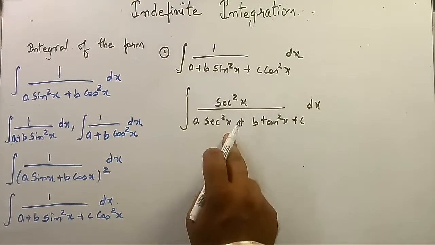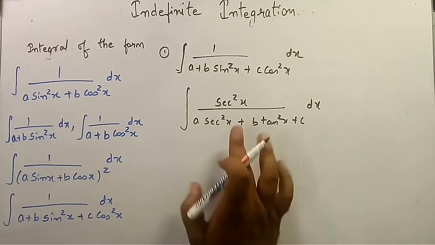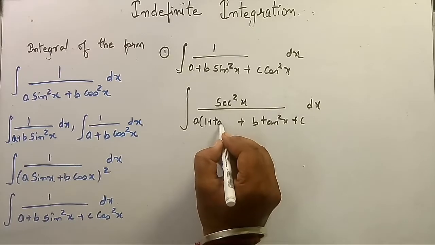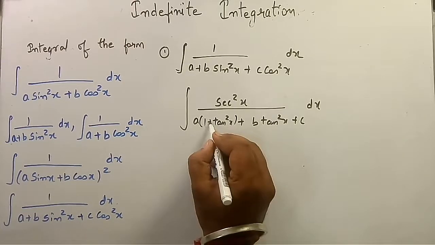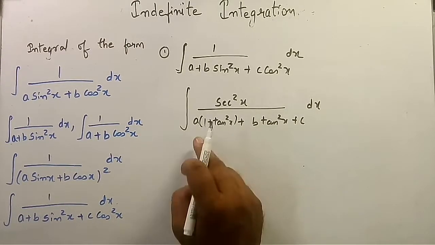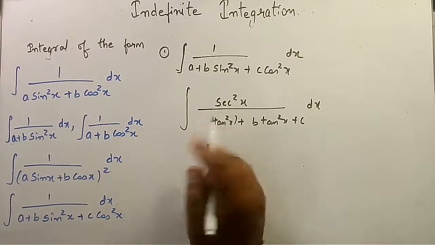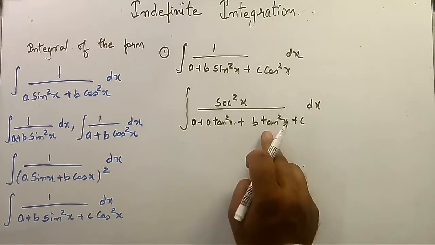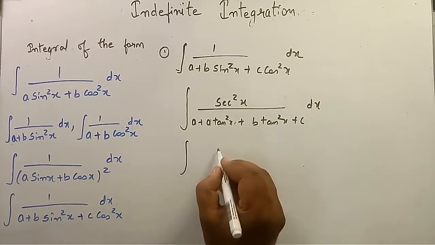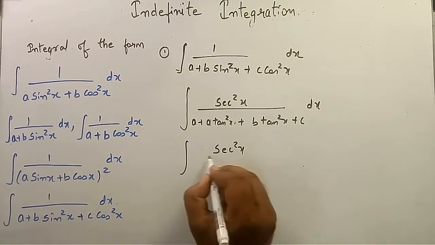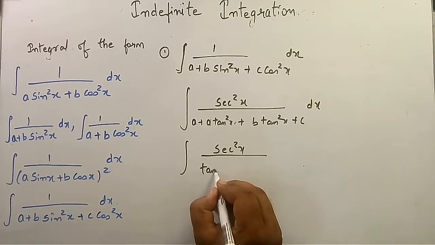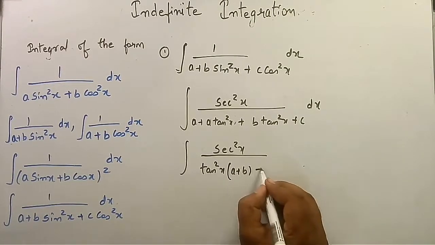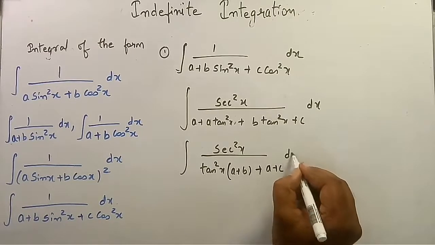Now in place of sec square x we write 1 plus tan square x. If you multiply a inside, this becomes a plus a tan square x. If we take tan square x common, we get tan square x times (a plus b) plus (a plus c) dx.